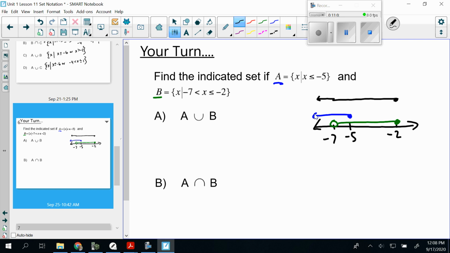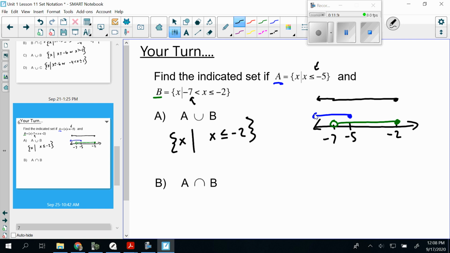So it looks like the union of all these would be the set of numbers that are just less than or equal to -2, because it's going to get all those points less than -2, and even though this graph stops at -7, this one would include all those other points.